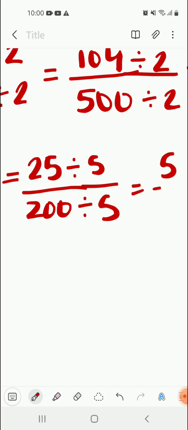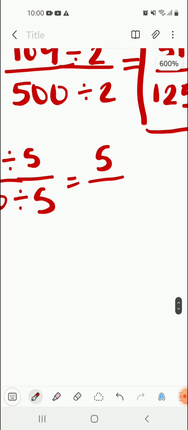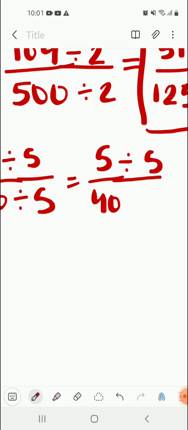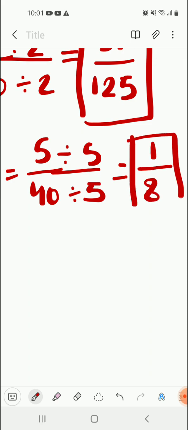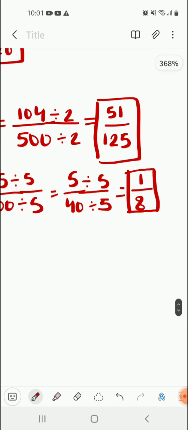So we get 5, and 200 divided by 5, we get 40. Again, both divisible by 5. So 5 divided by 5, we get 1. 40 divided by 5, we get 8. So 1 by 8 becomes my reduced answer.